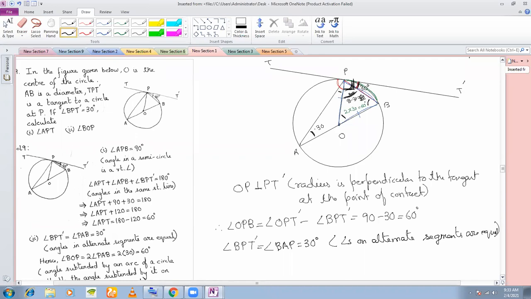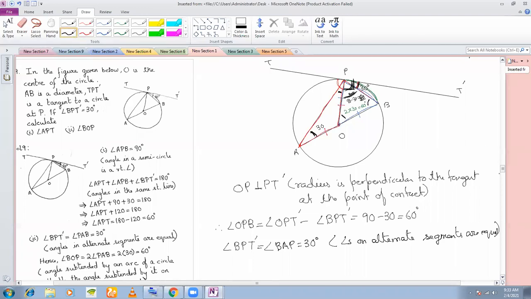Okay, so once we have got this angle to be 30 degrees, this angle is also 30 degrees because this triangle here is isosceles, with OA equal to OP.